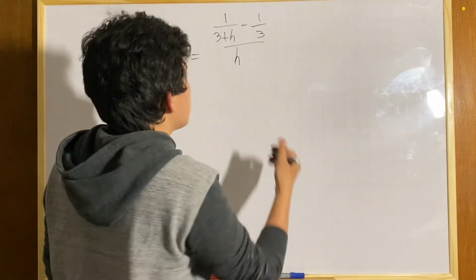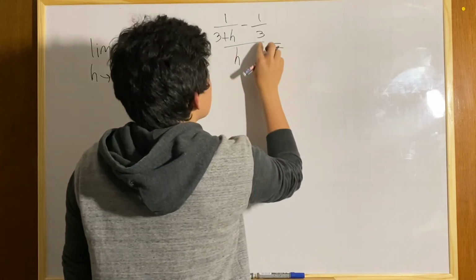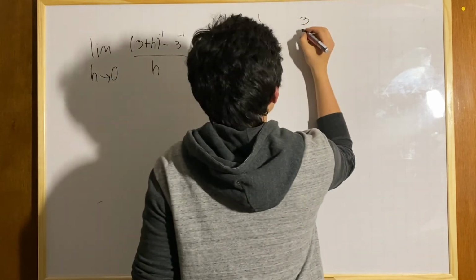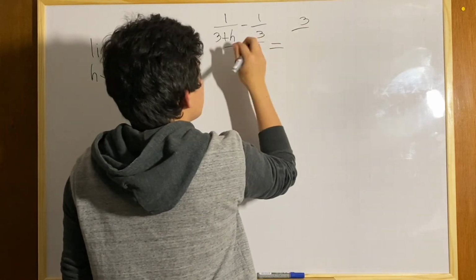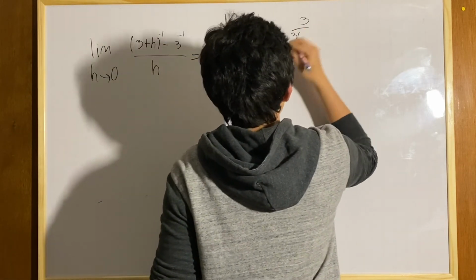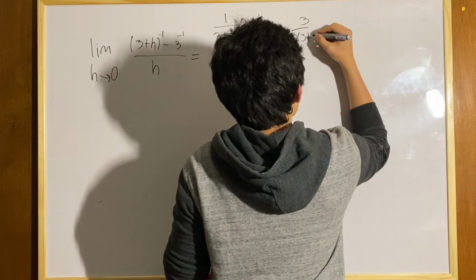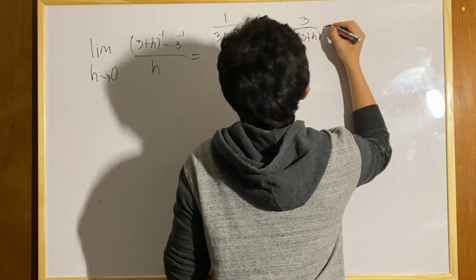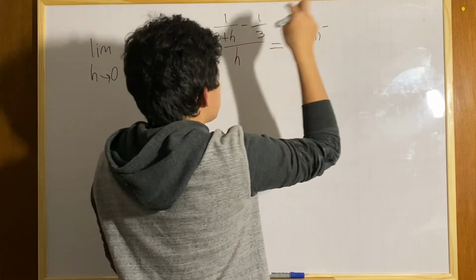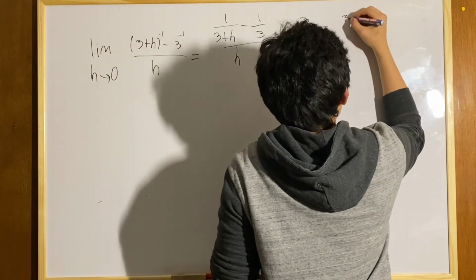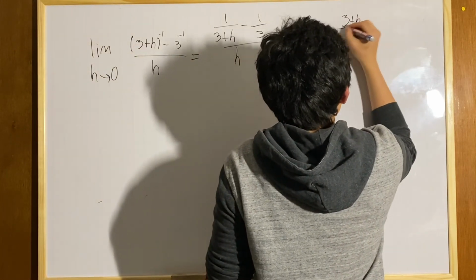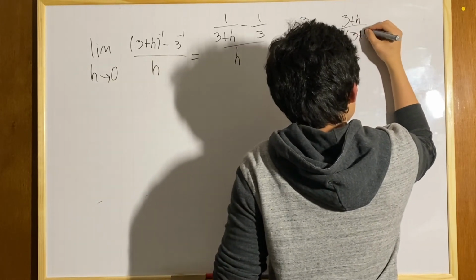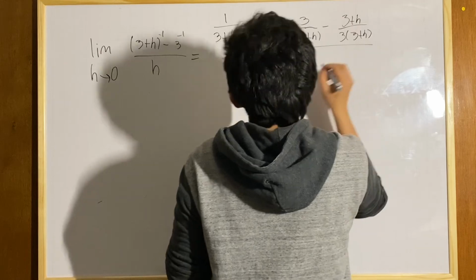We take the greatest common denominator. So this is going to be equal to 3 times top and bottom, so we get 3 over 3. Now this should be equal to 3 times 3 plus h, minus 3 plus h times top and bottom, so we get 3 plus h over, same thing, 3 times 3 plus h over h.